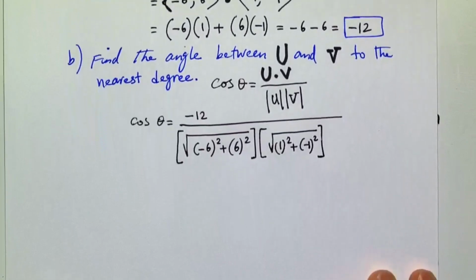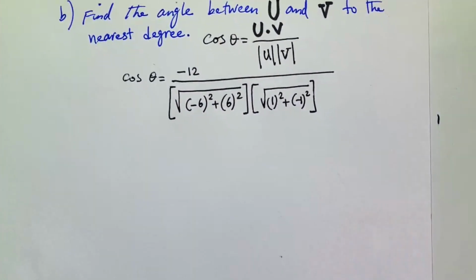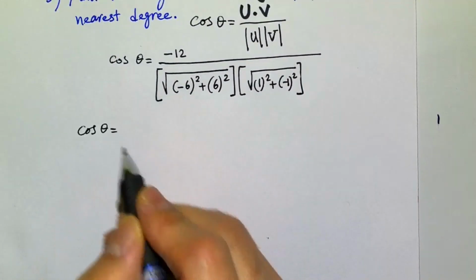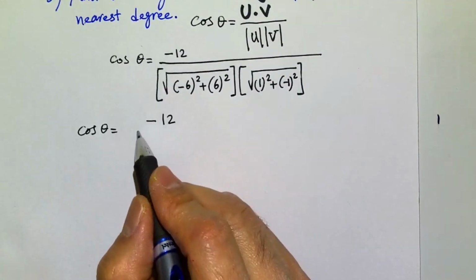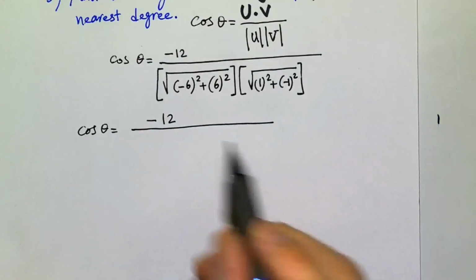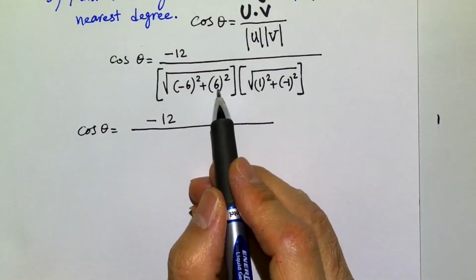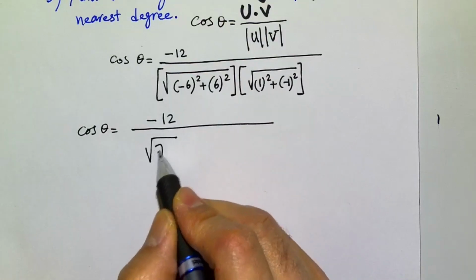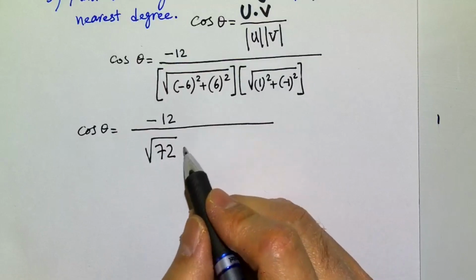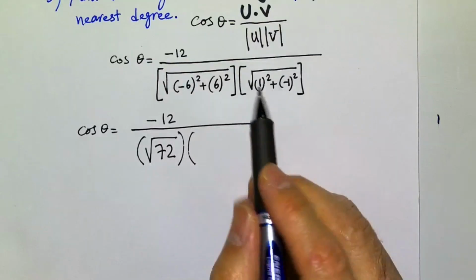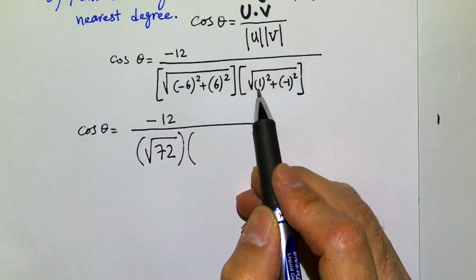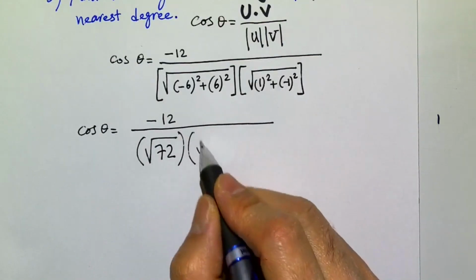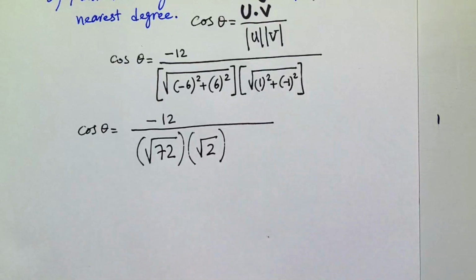Okay, so let's simplify this expression. We have cosine of theta equals negative 12 divided by the square root of 72, that would be 36 plus 36, and times, 1 squared is 1, negative 1 squared is 1, so this would be the square root of 2, right?